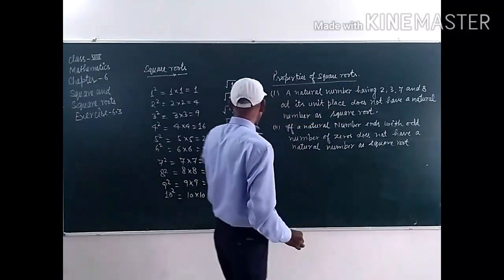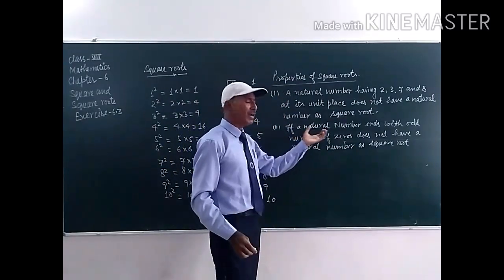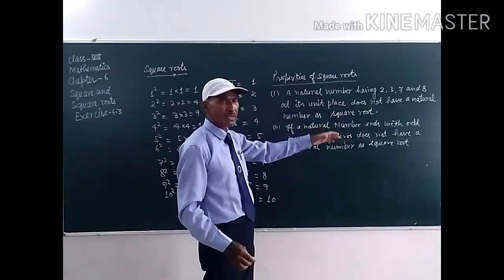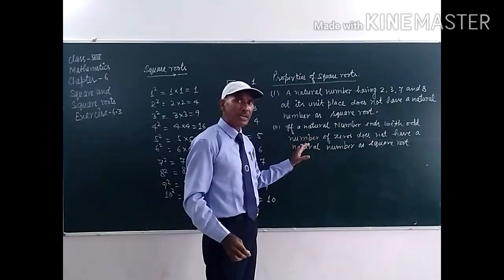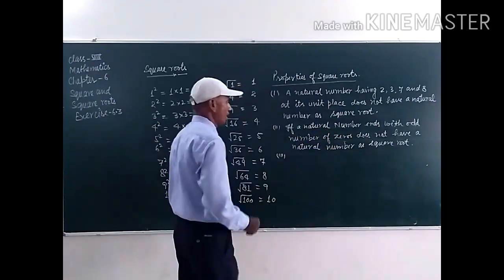Clear, student? From this observation, we find that if a natural number ends with an odd number of zeros, it does not have a natural number as its square root.